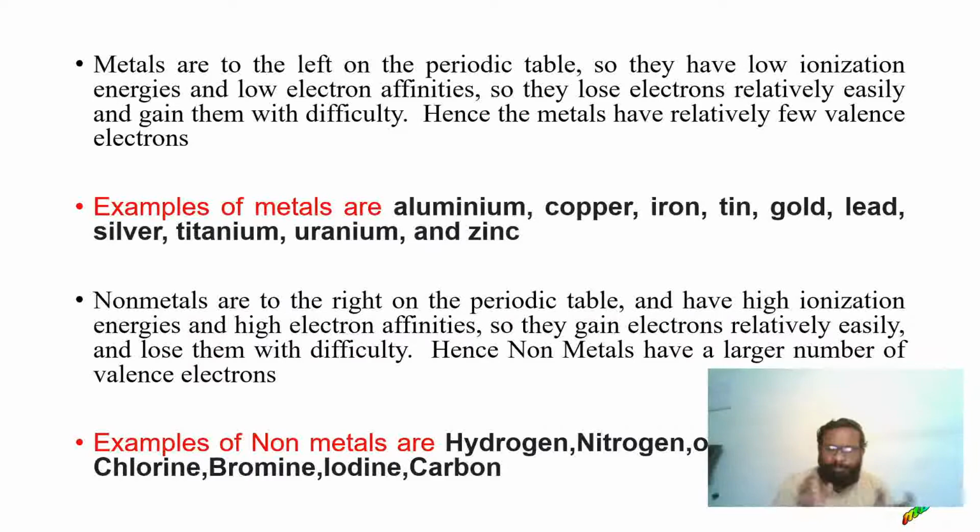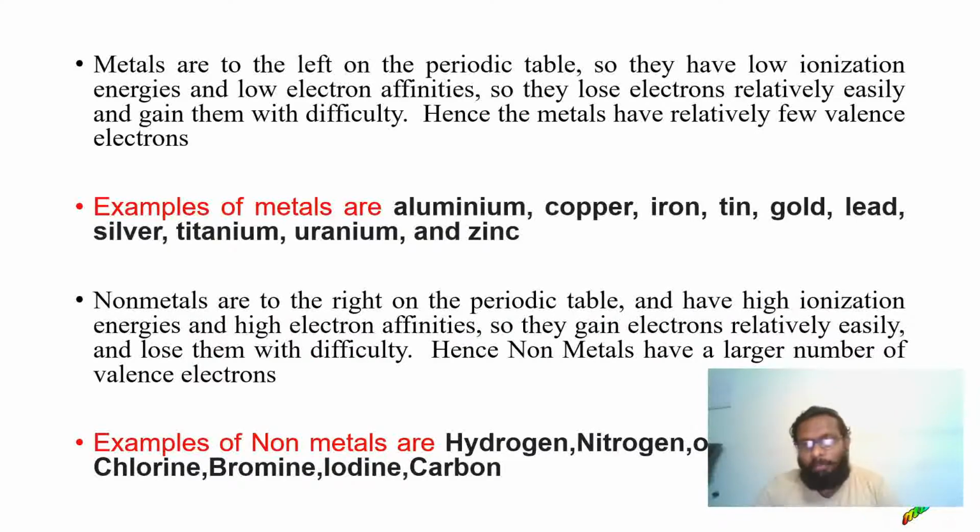So these are the basic differences between metals and non-metals with respect to the conductivity property. If the elements have free electrons, they can easily conduct heat or electricity, but if they don't have free electrons, they are not able to conduct. The free electrons depend on the ionization energy. Metals have low ionization energy, so we have free electrons, and they easily conduct heat and electricity.